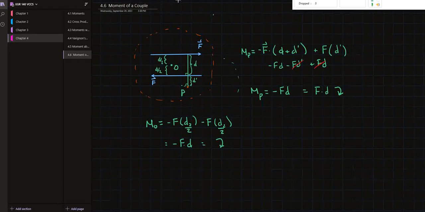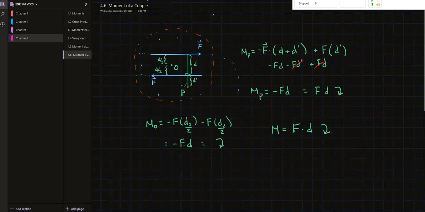And in fact, no matter what point I take this from, if I take it from this point here, I could extend these lines of action and do the same thing. We're going to end up with the exact same moment. So essentially, the moment here due to a couple equals whatever the force is times d, and it'll be in this direction. If the forces were reversed, the moment would be in the other direction.